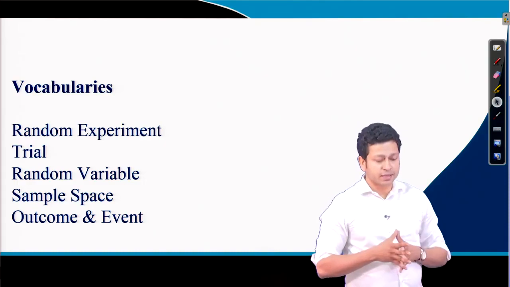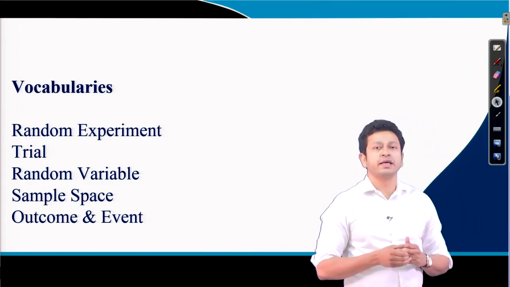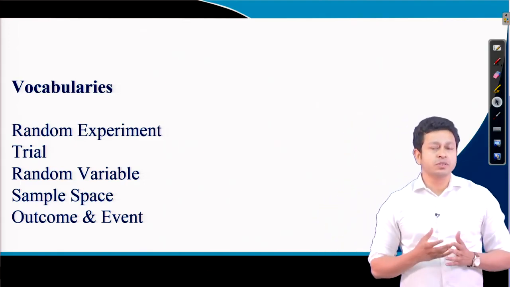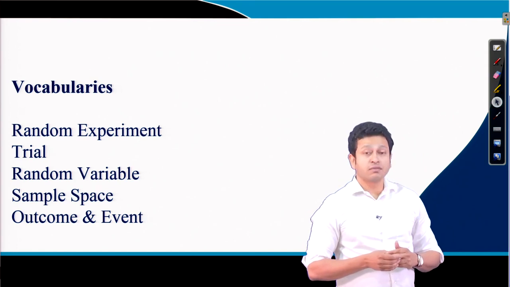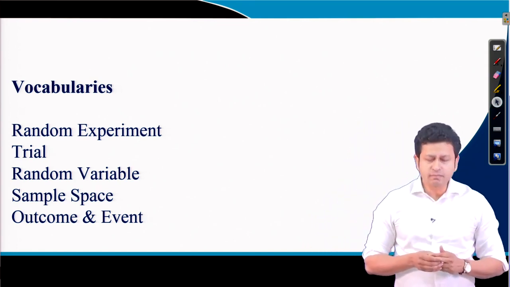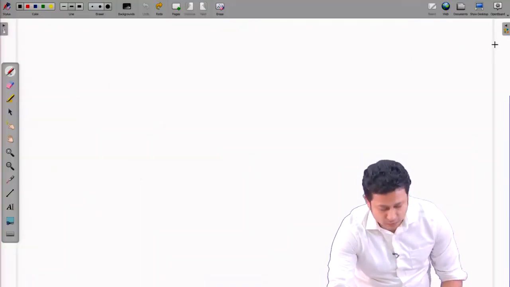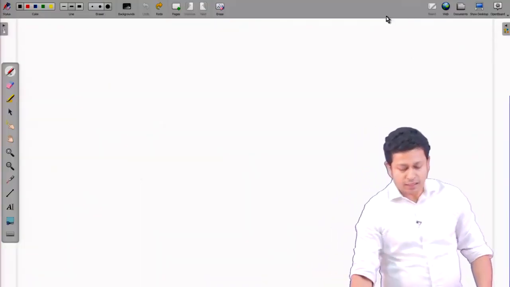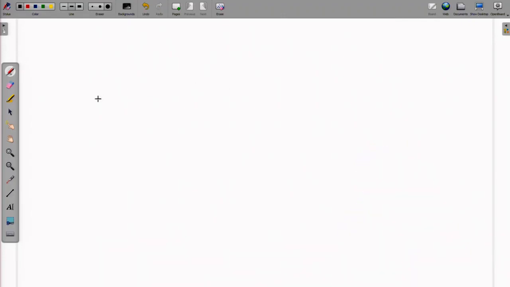Another definition that you should know, and you should know the distinction between these two terms. Often they come pretty close to each other, but there is a difference, and that is the definition of outcome and an event. Let me just use the whiteboard for a while. Say you are tossing a coin, and in your first toss you have H or T, and then you are tossing again.